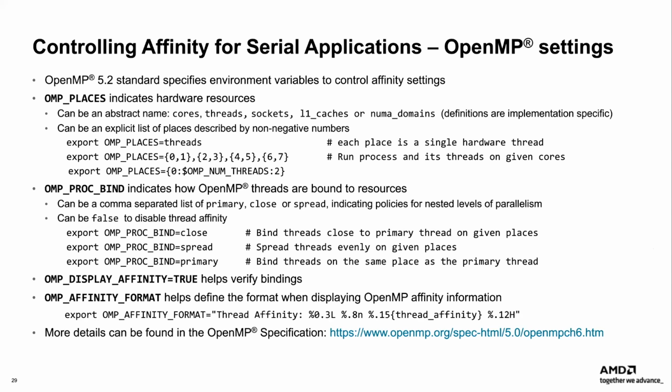And if we say primary, that means we want all the different threads of the process to run on the same place as the primary thread, whatever place you've chosen. And then there are some environment variables that you can use to print and verify whether you got the binding right. And again, the OpenMP specification has pages and pages of information about this. That will be a very useful reference for us.